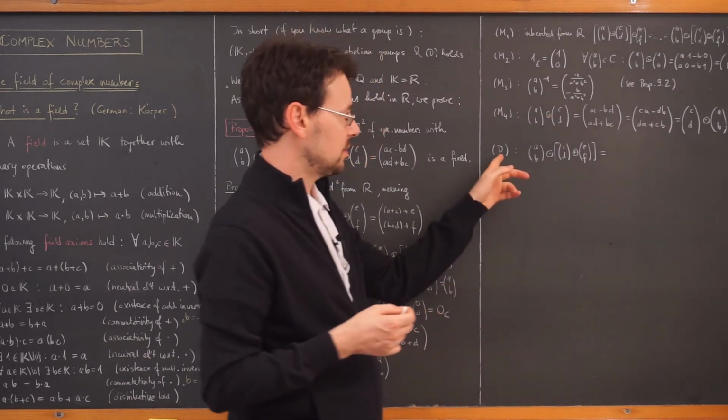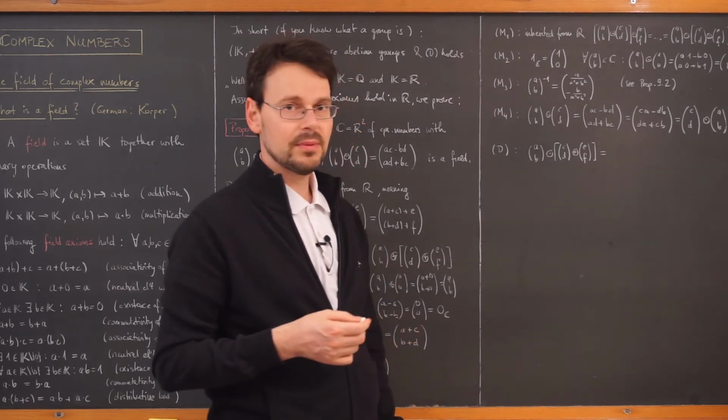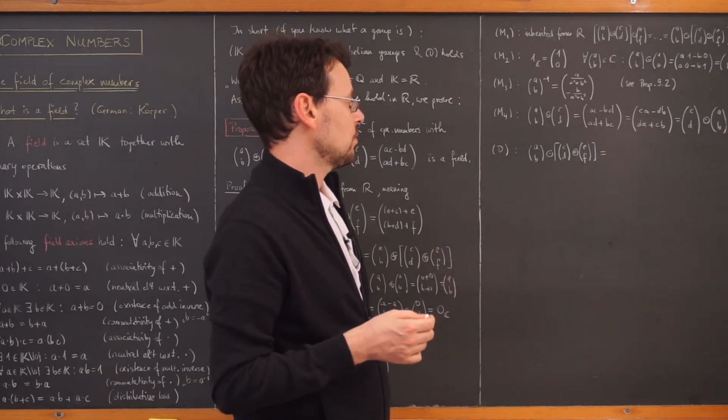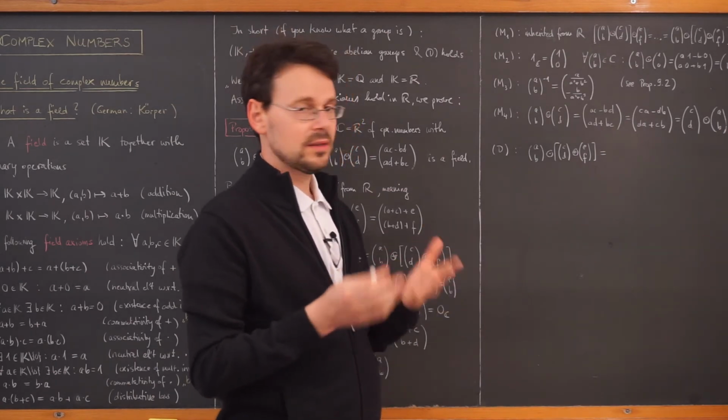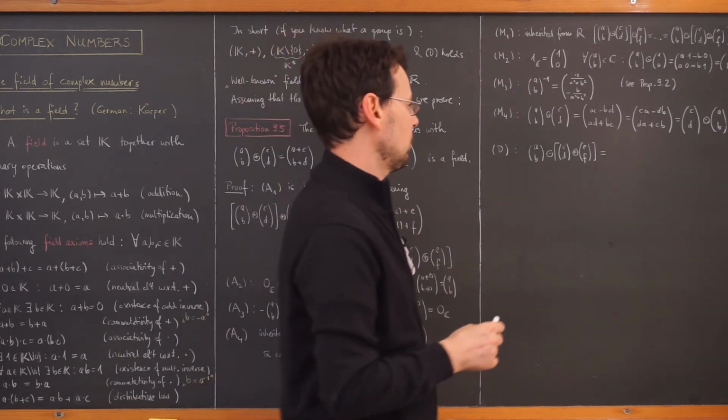And now, because of its importance, we're going to verify the distributive law step by step. And again, this should come as no surprise. We're going to use that multiplication and addition in the real numbers satisfy the distributive law.